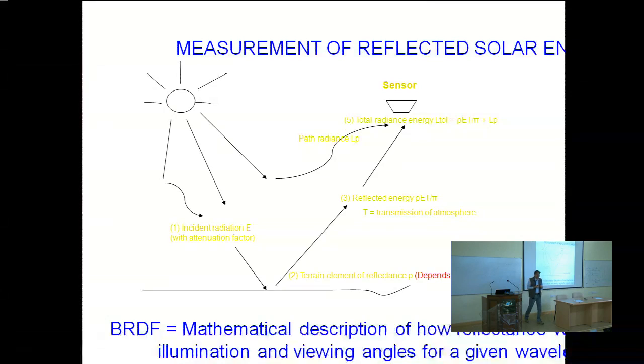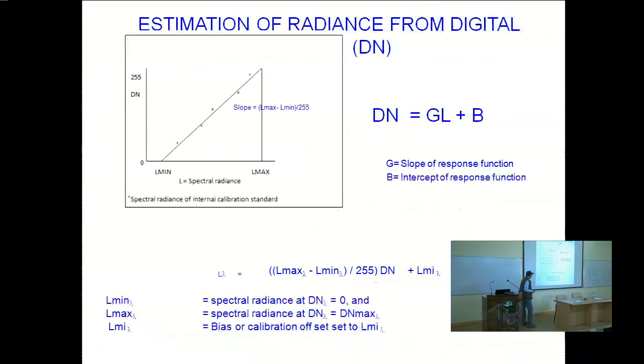If you really want to work quantitatively, we require a decent scheme to remove this path radiance, which is coming from the path. We require a decent scheme to address the variation caused by topography, and a decent scheme to decide how the bidirectional reflective function is going to change. So all these things get complicated and difficult. We will not go into detail of that.